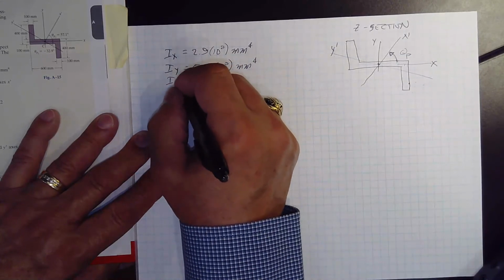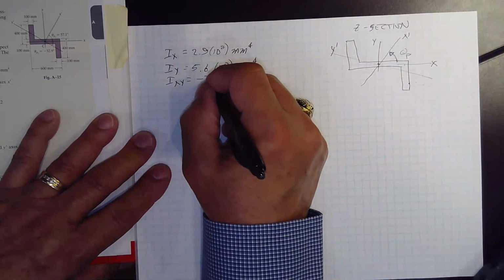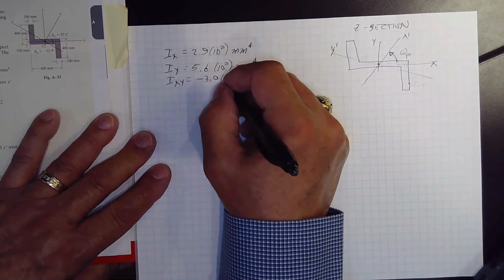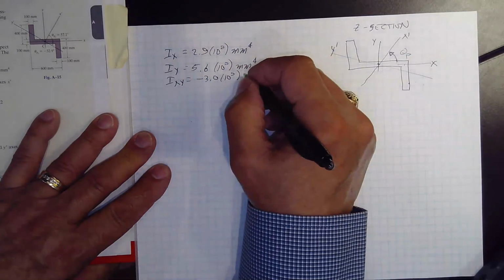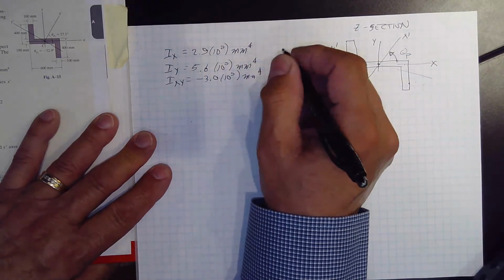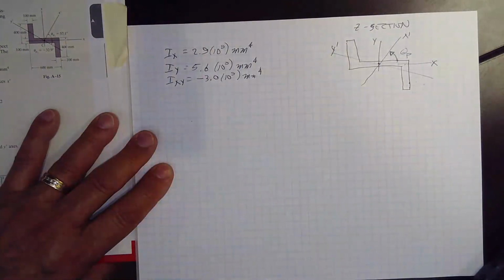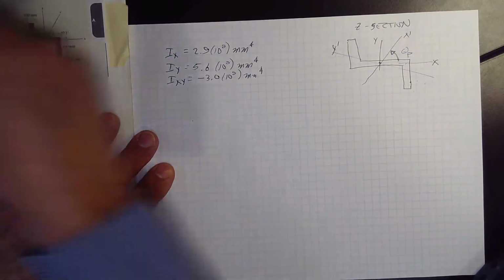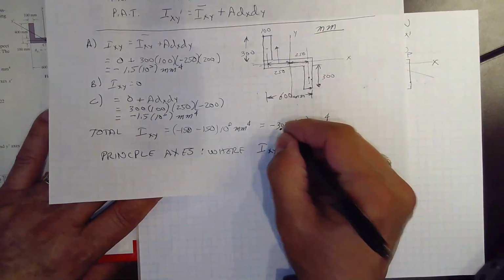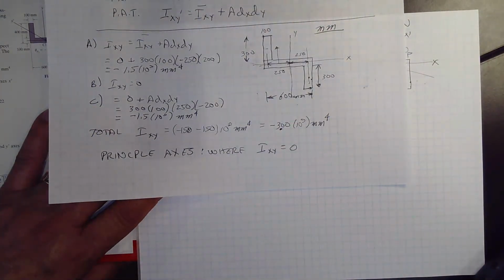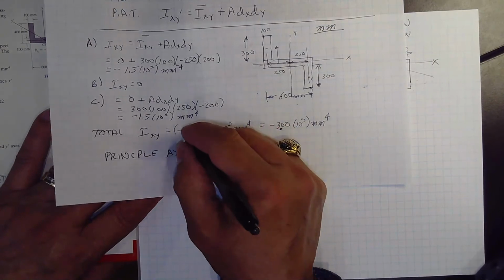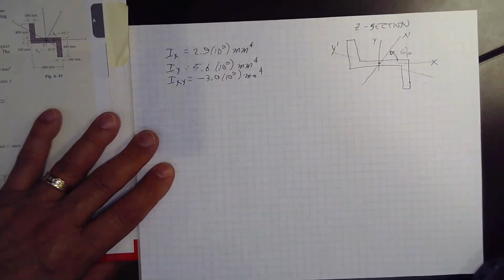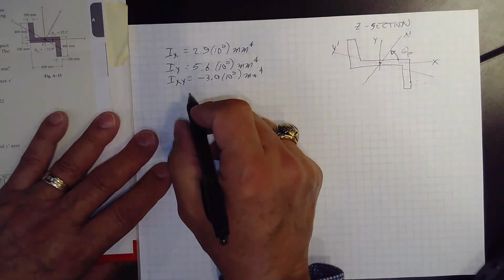And we said that Ixy was equal to minus 3 times 10 to the 9th millimeters to the 4th. Correction, that should be a period. Remember, watch your units.